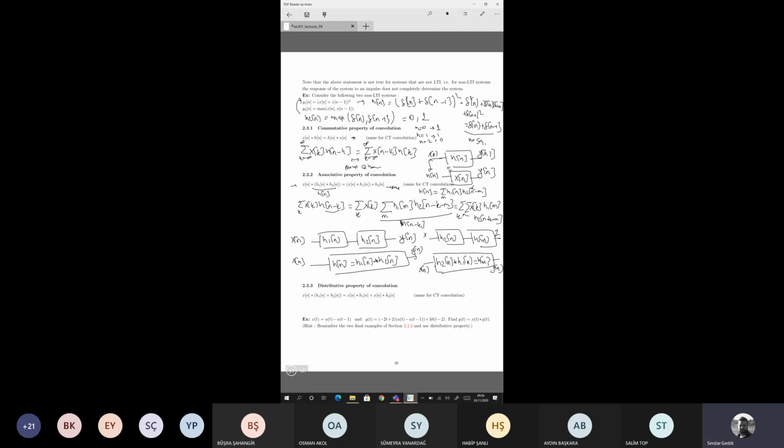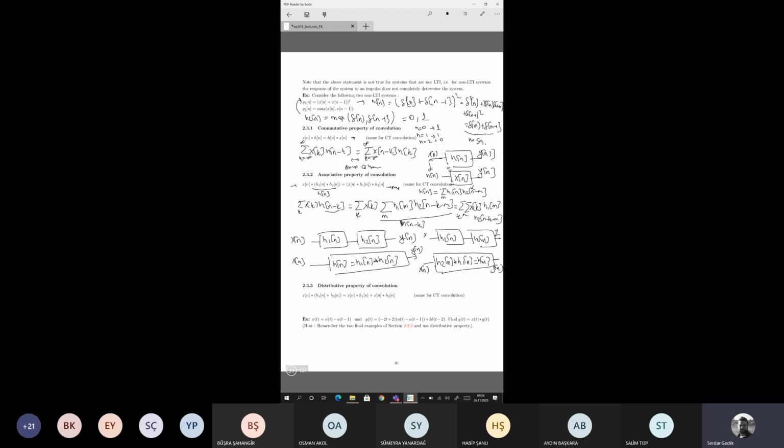So actually, this associative property is quite important and tells you that instead of evaluating two cascaded systems, you can find the combined system and find your results equivalently. Okay, so please prove this at home, and the proofs are quite important. What else?